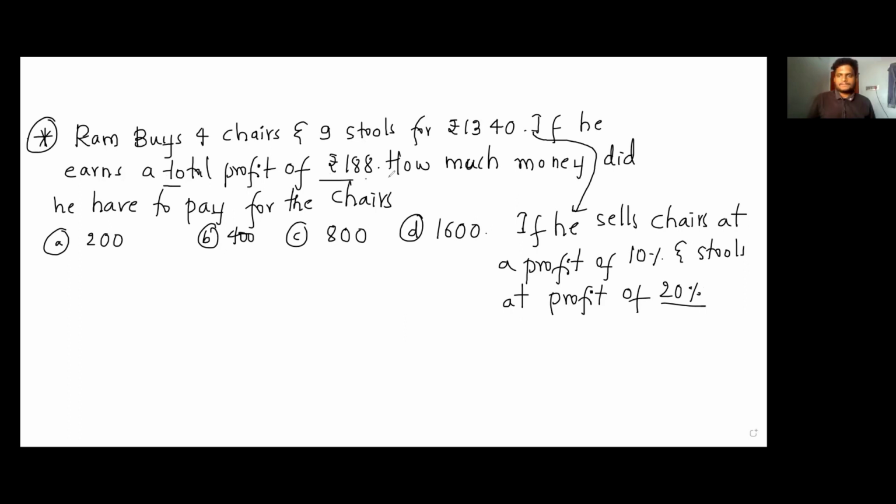Getting this? So he's selling the chairs at 10% profit and stools at 20%.